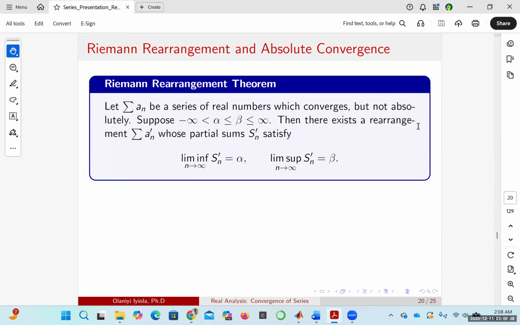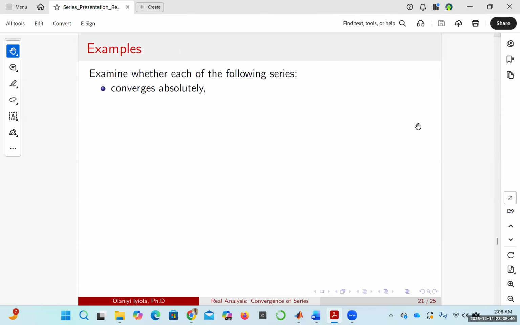This video is extremely important, especially to show how we can examine whether a series converges absolutely or just converges conditionally, which means it converges but does not converge absolutely.